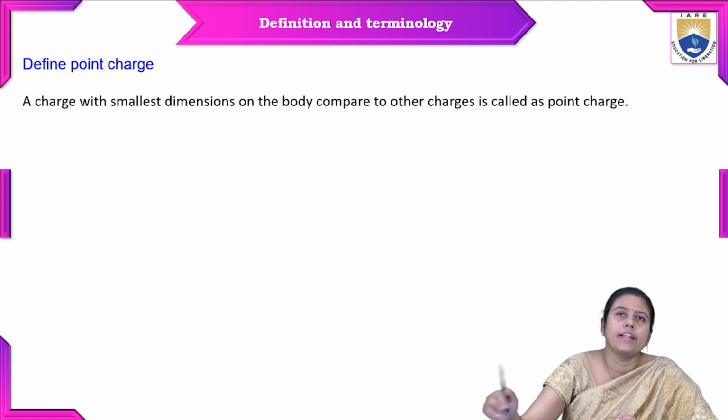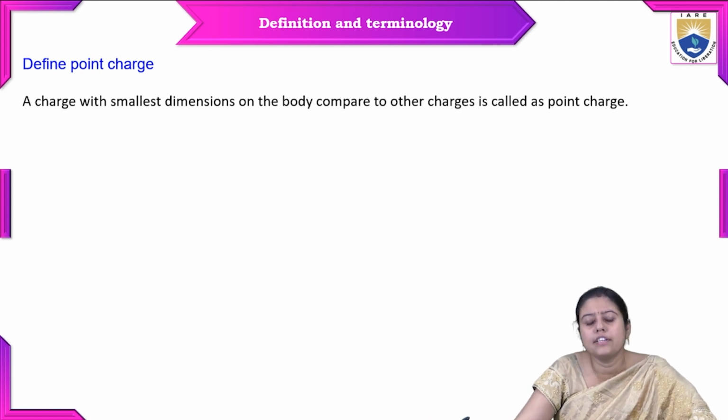Now we will define the point charge. First of all, a point charge is practically not a feasible thing. We use the point charge just for mathematical or calculation purposes. So what is the point charge?